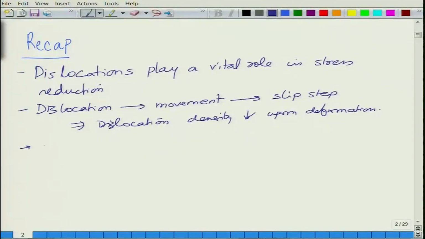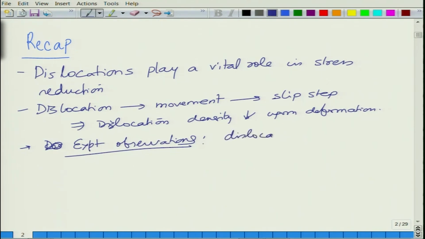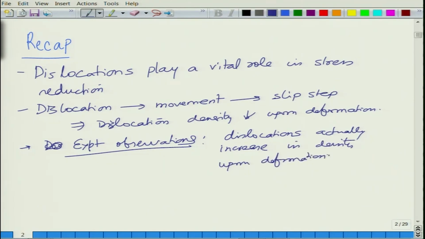However, experimentally what we observe is that dislocation density gradually increases as the deformation proceeds.